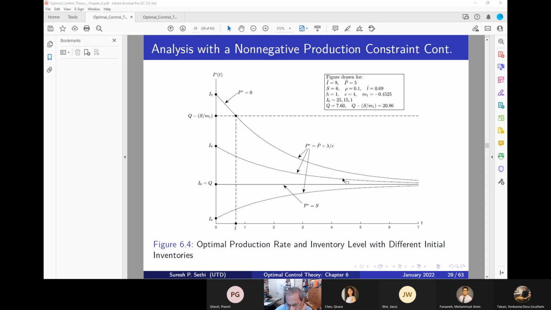Same here. In this case, that quantity is bigger than 0, and so the previous solution is still good.